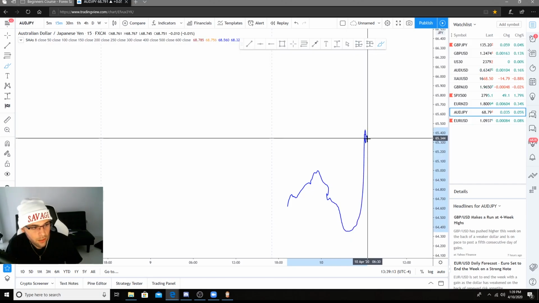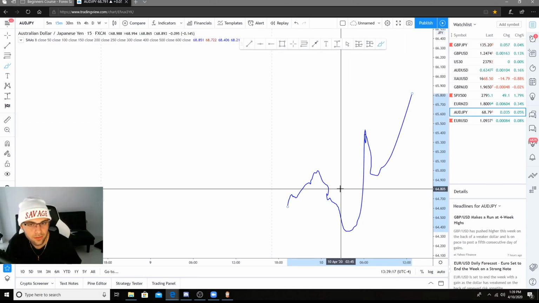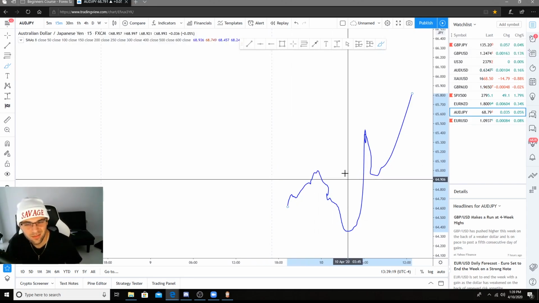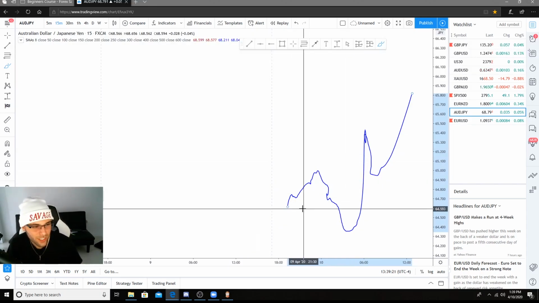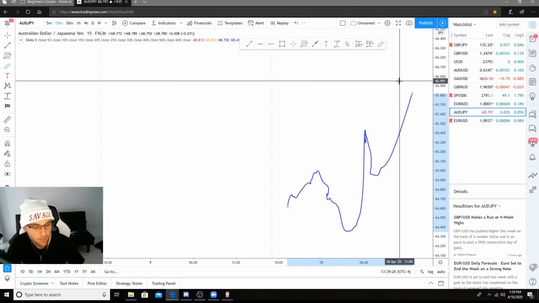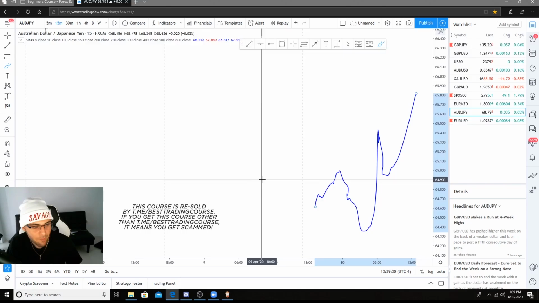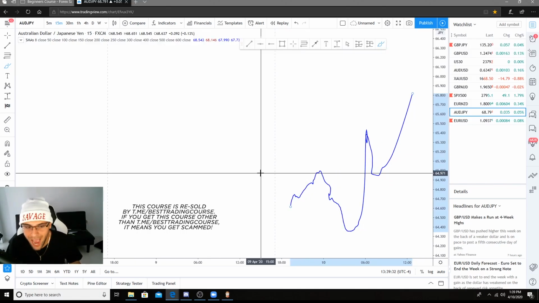I can't draw candles, but it went up, went down, went up again, went back here, went up. Normally you'll have moving averages, and sometimes these moving averages will tell you, hey, are we switching the trend? It's called the EMA SMA crossover.